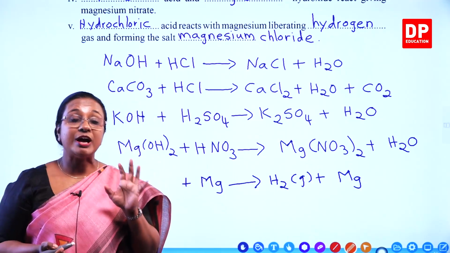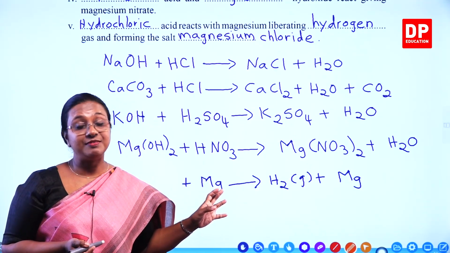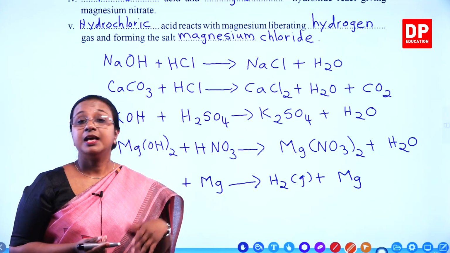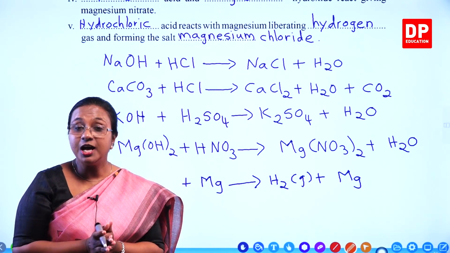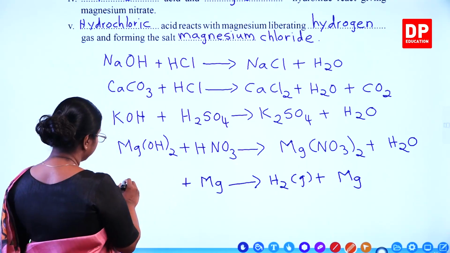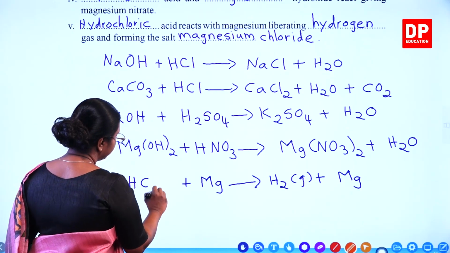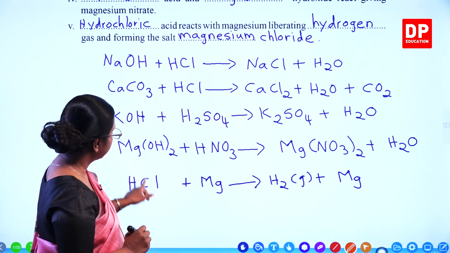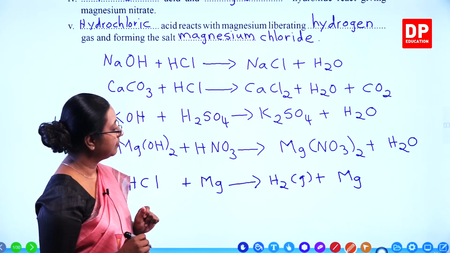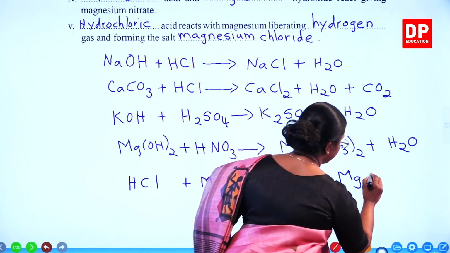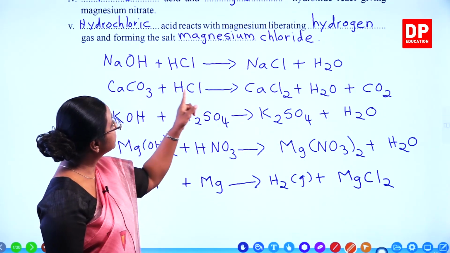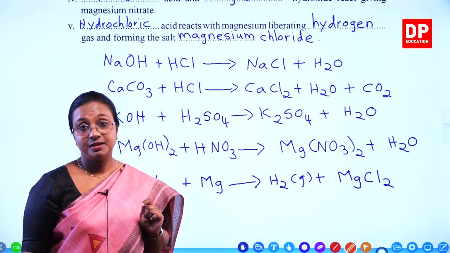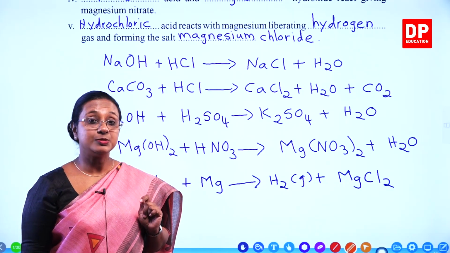Of course, you have to remember the reactions that we did in the lab. It can be other acids also, but you can remember with dilute hydrochloric acid. So because of that, we use HCl here. Dilute hydrochloric acid with magnesium gives H2 and magnesium chloride. So that is how you write the answers and fill in the spaces.